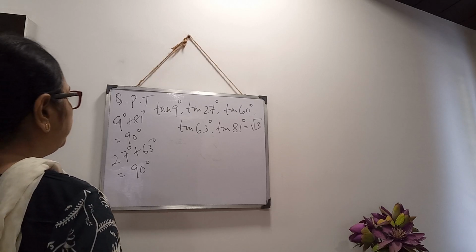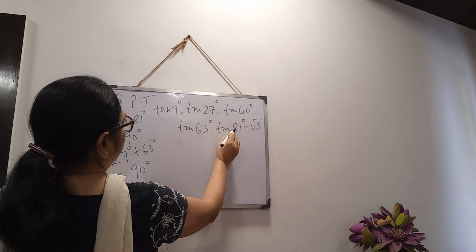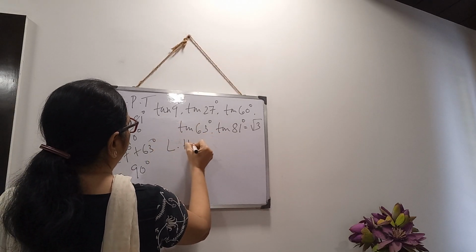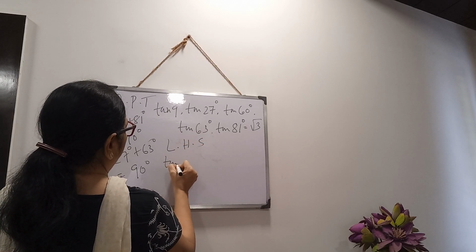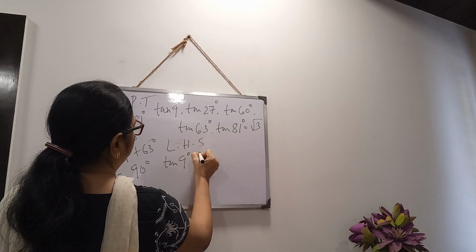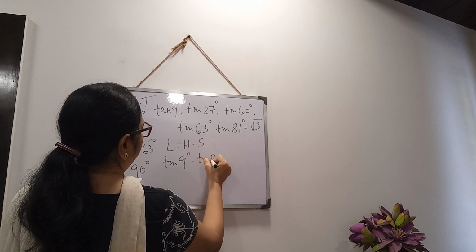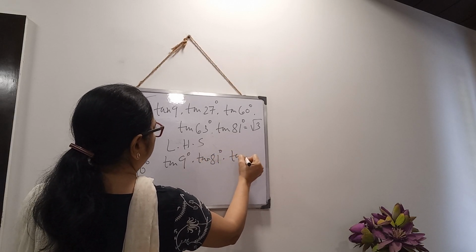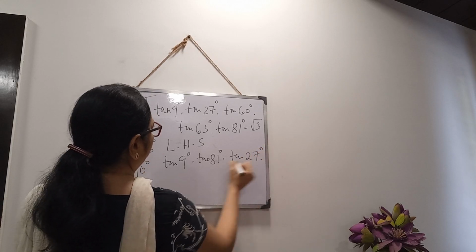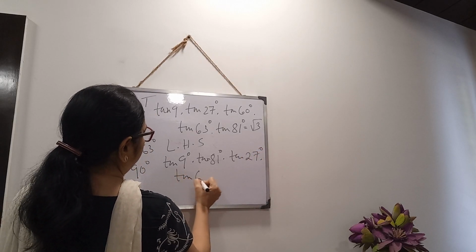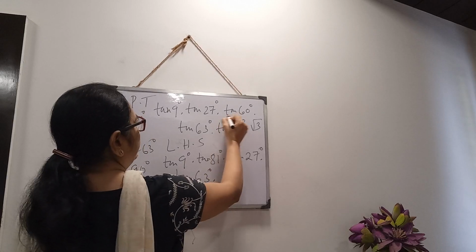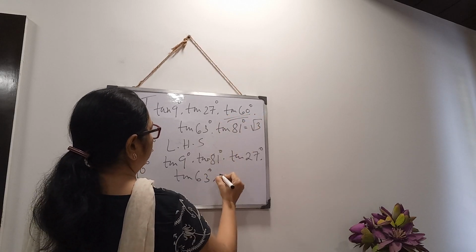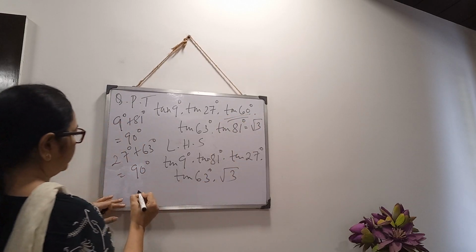Clear? So I am writing this and this together from the left hand side, starting with tan 9 degree into tan 81 degree, and the other tan 27 degree into tan 63 degree into tan 60, whose value you know already, so write root 3.